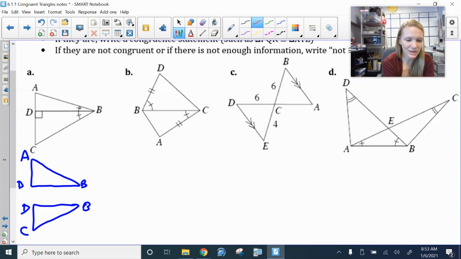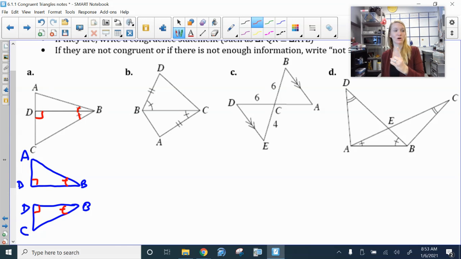We can see that they gave us 2 angles, that the angles ABD and CBD are equal. They gave us that information. We also can see that we have a right angle here, which means that we would have a right angle on top as well. So we want to know, are the triangles congruent?